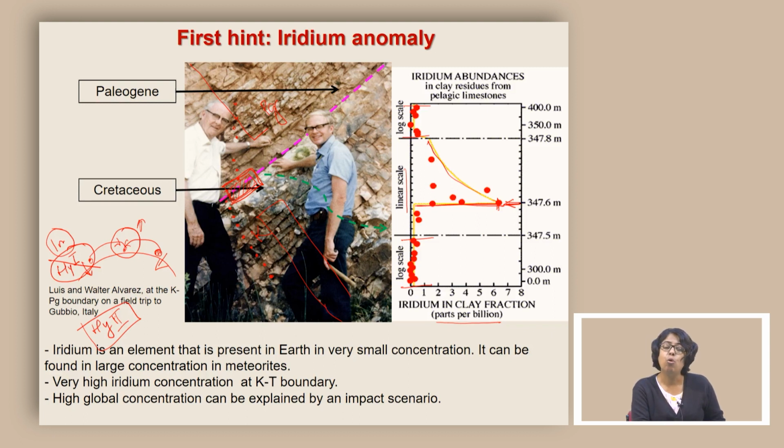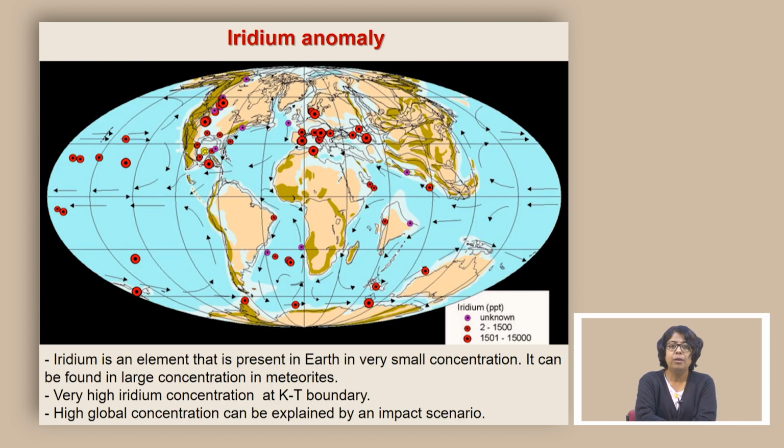Now, the question is, what can increase iridium concentration? What can bring extra iridium onto the Earth's surface? One idea was that it can be an asteroid.